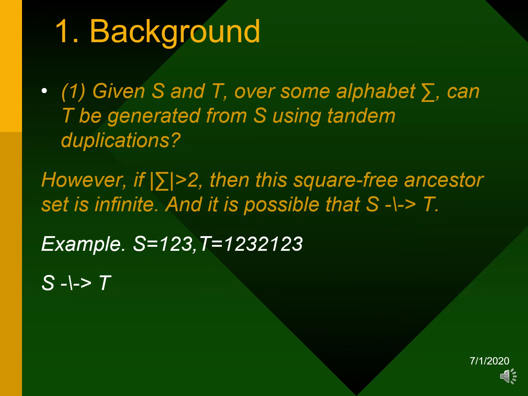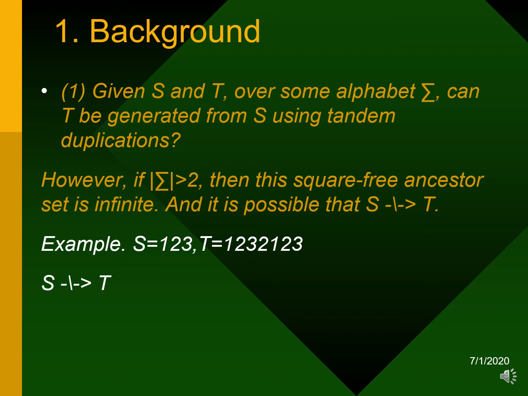On the other hand, if sigma is of size at least 3, then this square-free ancestor set is infinite. And moreover, it is possible that from S you cannot generate T using tandem duplications. Here is an example: S is 1, 2, 3 and T is 1, 2, 3, 2, 1, 2, 3.